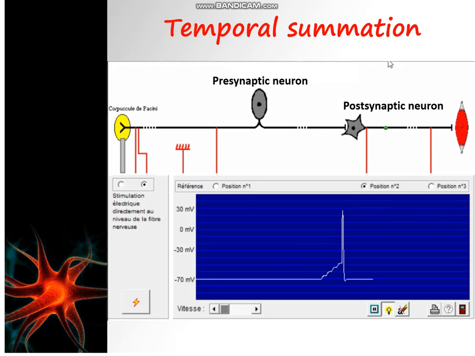The resultant of summation is more than the threshold of depolarization of the postsynaptic neuron, and it turns into an action potential. This is the temporal summation.